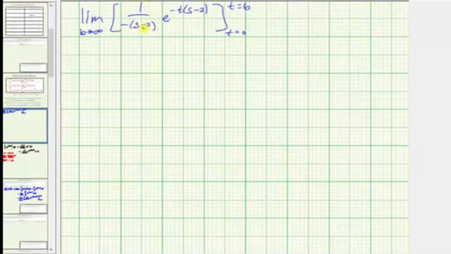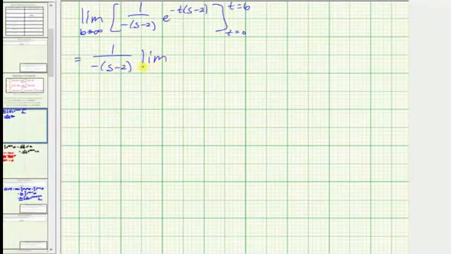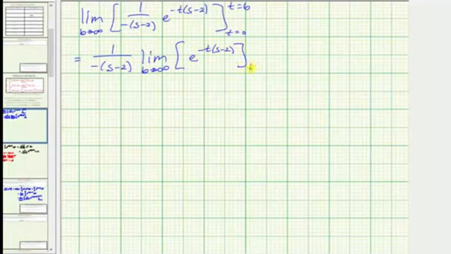Well, notice how this fraction here does not involve b or t, so we can write this as 1 divided by the opposite of the quantity s minus 2 times the limit as b approaches infinity of e raised to the power of negative t times the quantity s minus 2.